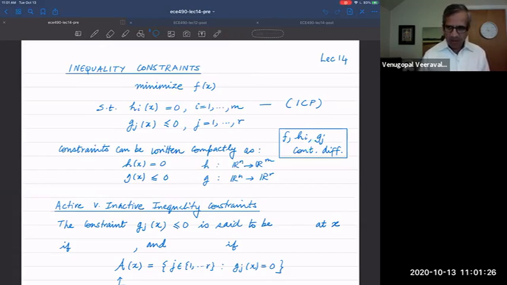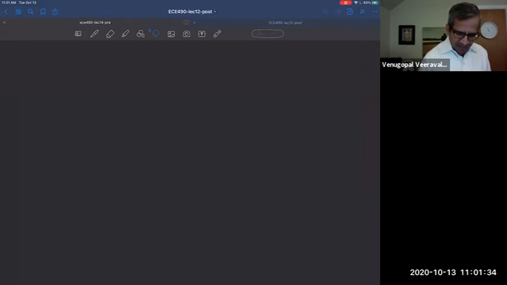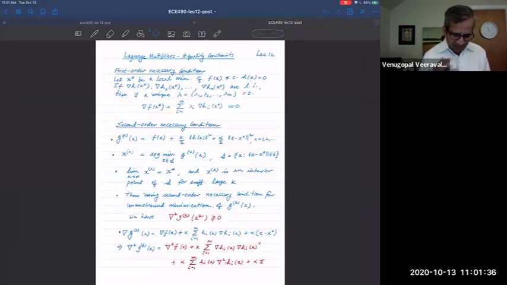Okay, so today's topic is going to be inequality constraints, and actually let's look at the previous lecture, not 13. 13 was actually about Lagrange multipliers.